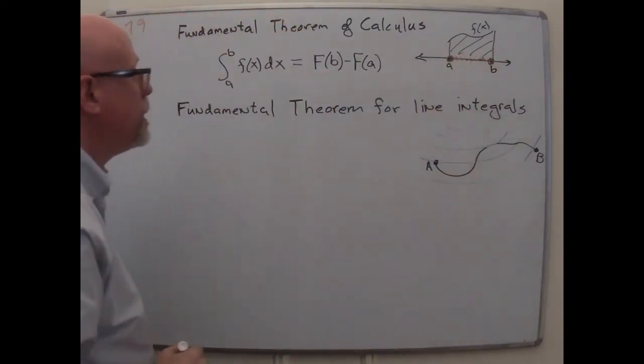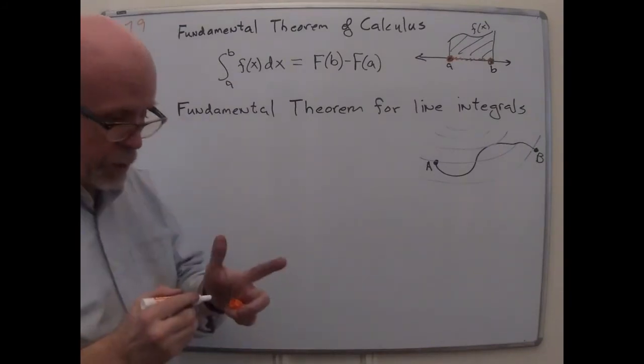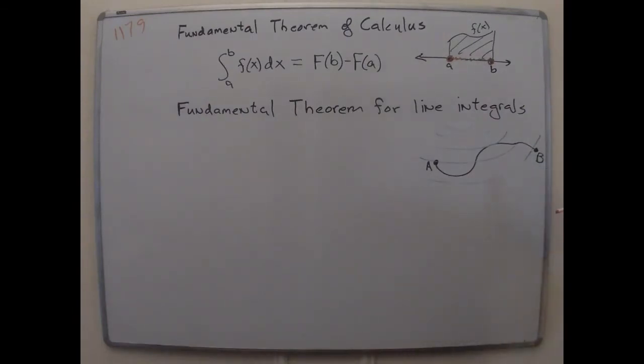The fundamental theorem of line integrals is for the situation where you've got a vector field that is the gradient of some scalar potential. So the blue lines here are supposed to be some scalar potential. The vector field points uphill along these lines.